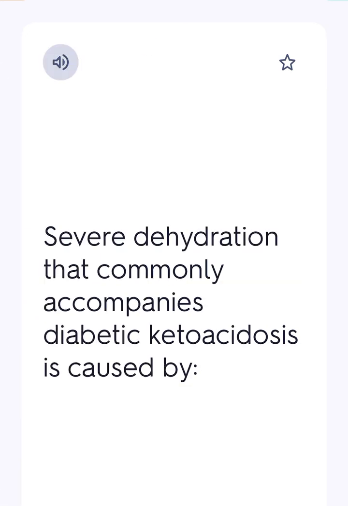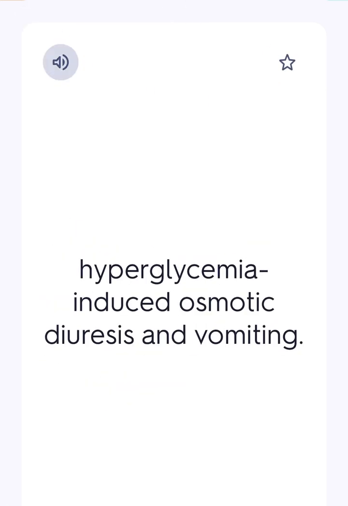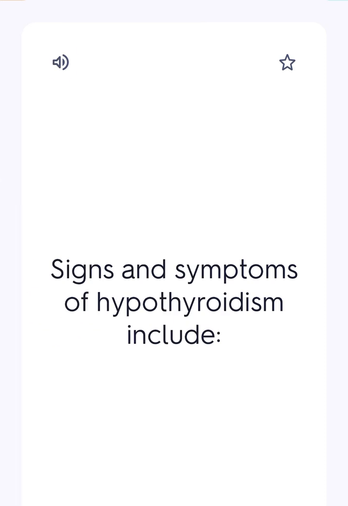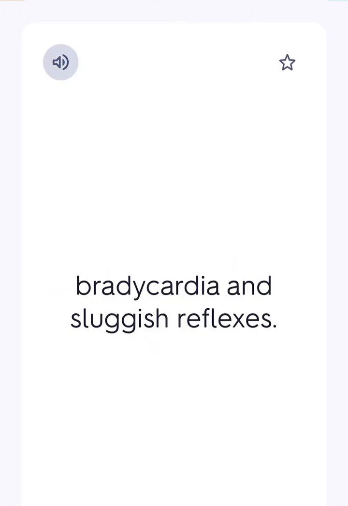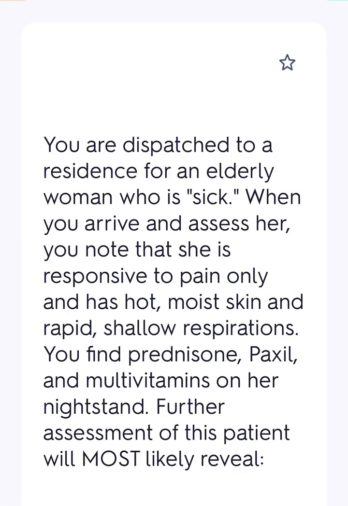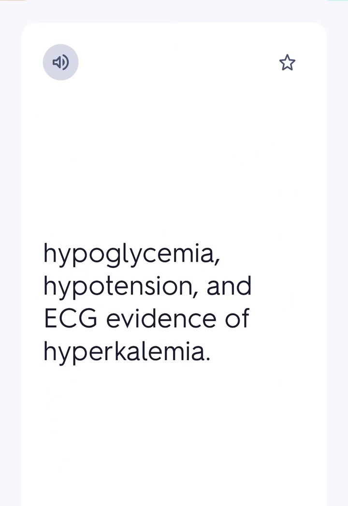Severe dehydration that commonly accompanies diabetic ketoacidosis is caused by hyperglycemia-induced osmotic diuresis and vomiting. Signs and symptoms of hypothyroidism include bradycardia and sluggish reflexes. Hypoglycemia, hypotension, and ECG evidence.